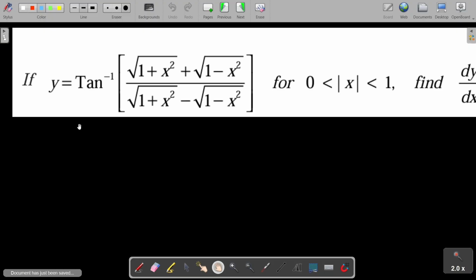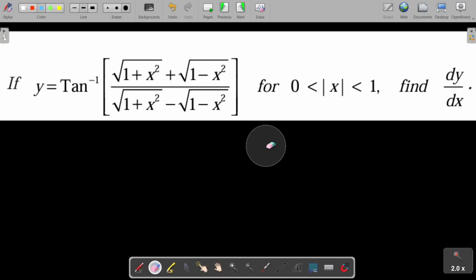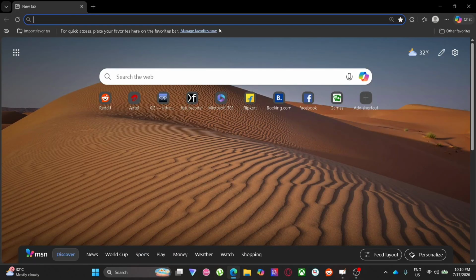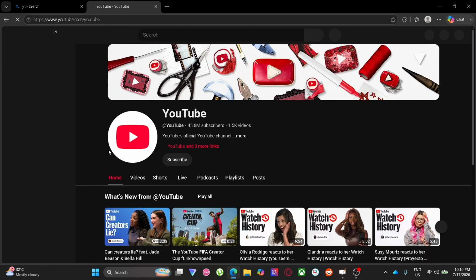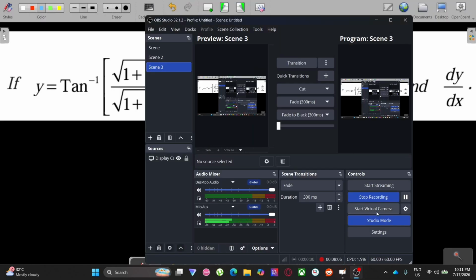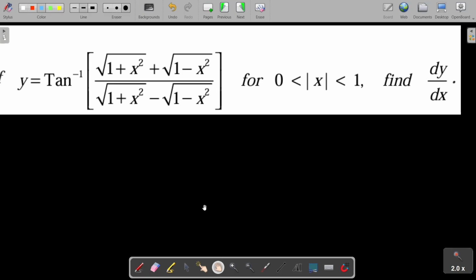That means we need to find the derivative for this function. So we need to find a smaller approach.